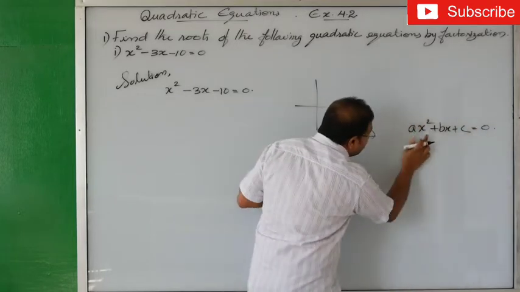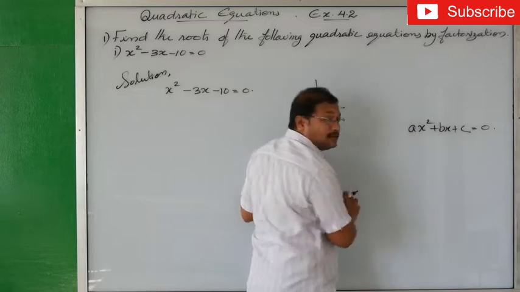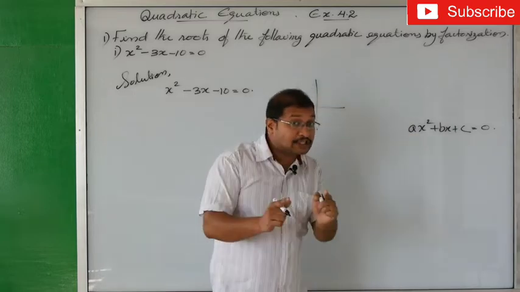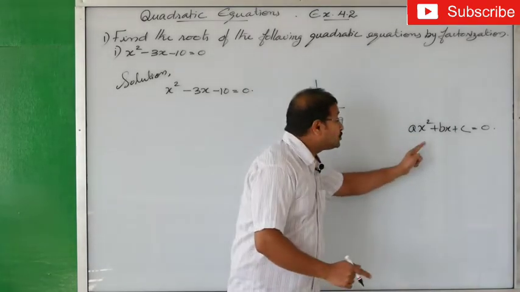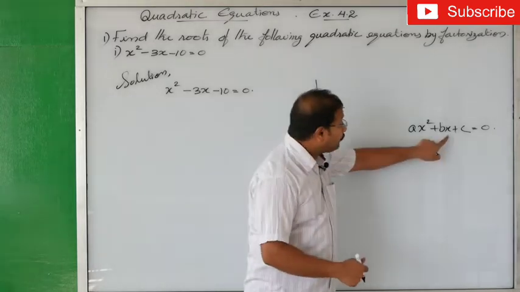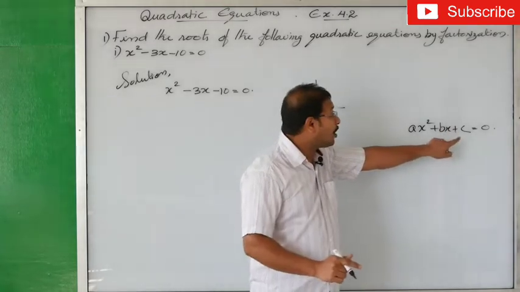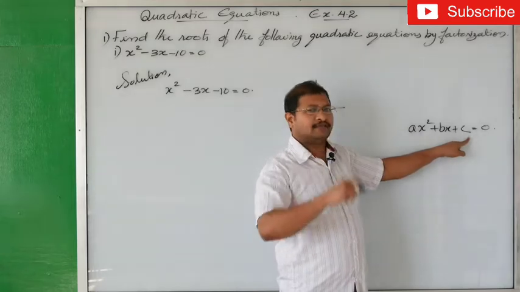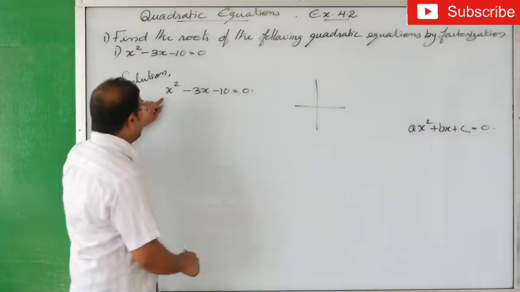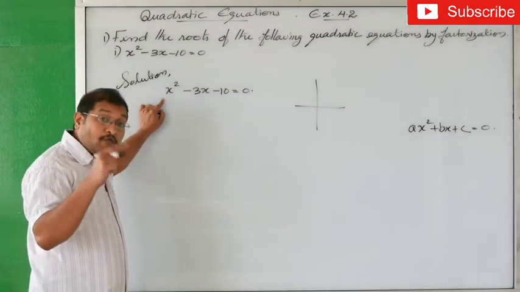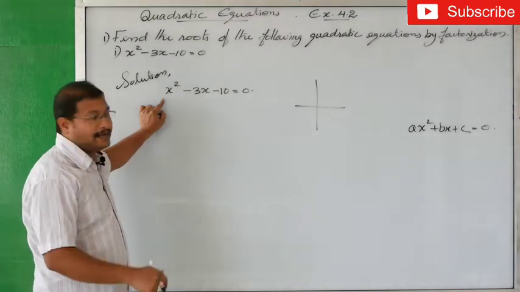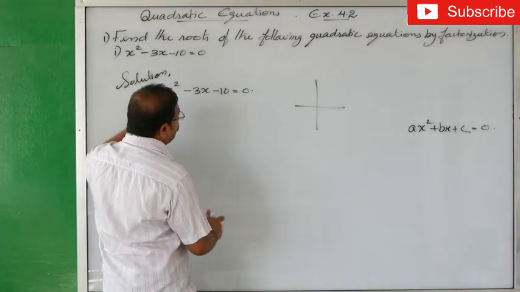Here, the number near to x square is a, so a is called the coefficient of x square. The coefficient of x is b and the constant term is c. Here x square means 1 into x square is x square, that means the coefficient of x square is 1.